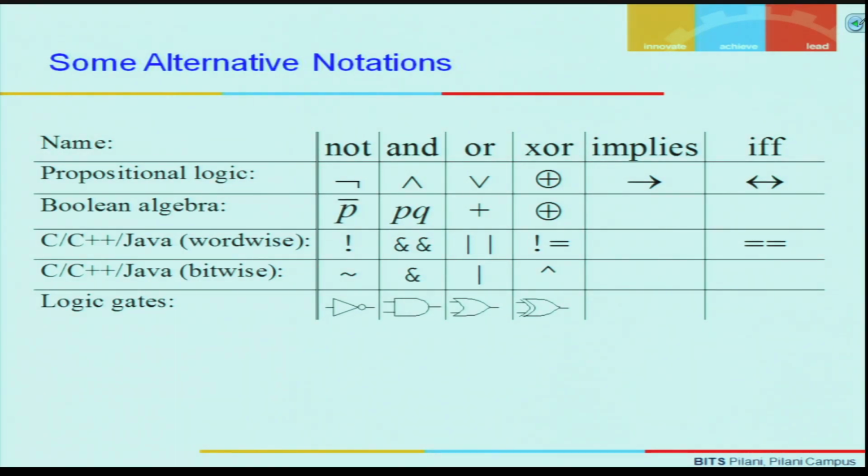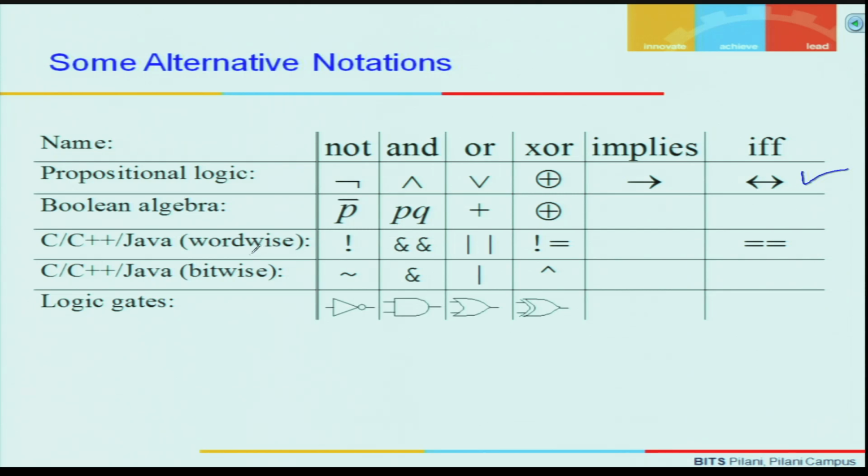Equivalently, in propositional logic we call not, and, or by these generally used notations. If you go to Boolean algebra, which is a relevant subject to the logic that we are doing now, they call not as P bar, and as PQ, or as plus, exclusive or as this.